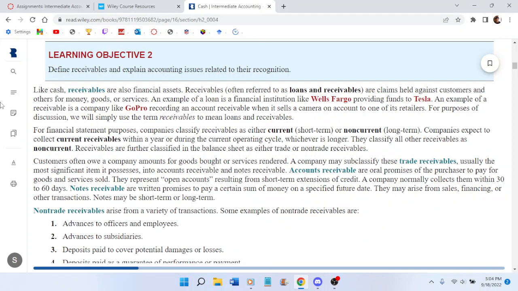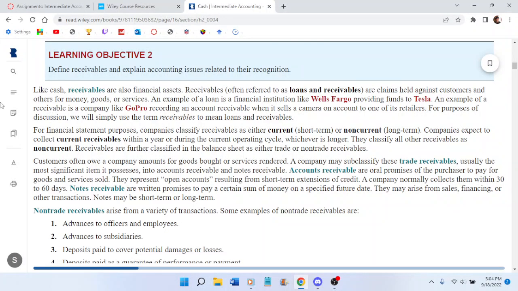A company may subclassify these trade receivables. There are accounts receivable and notes receivable.